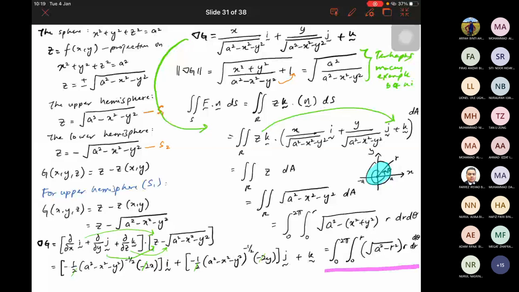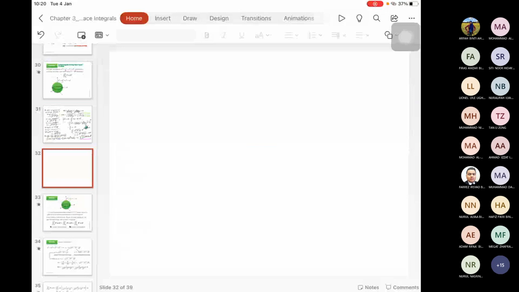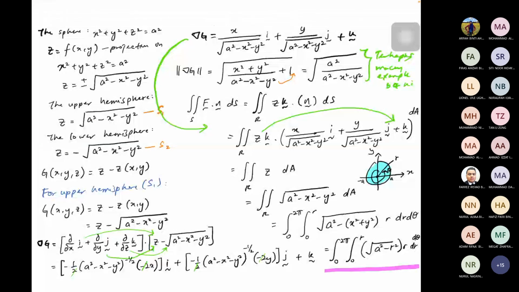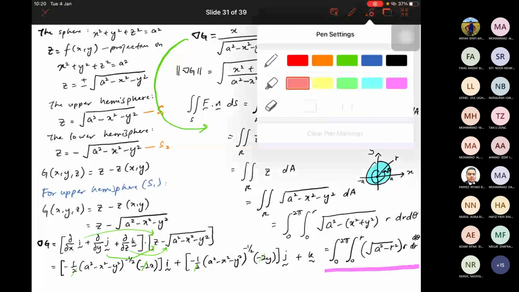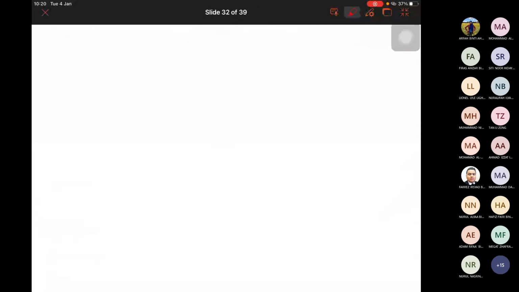Done. Okay. So we want to settle the integration on the upper part. So the flux integral is equal to the integral from 0 to 2 pi, 0 to a, square root of a squared minus r squared dr d theta.